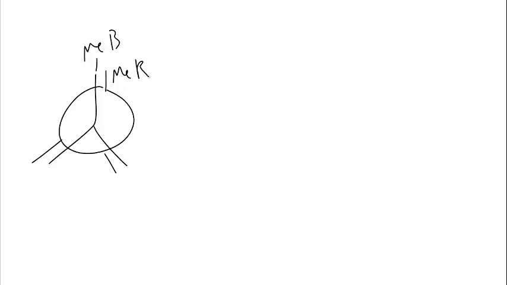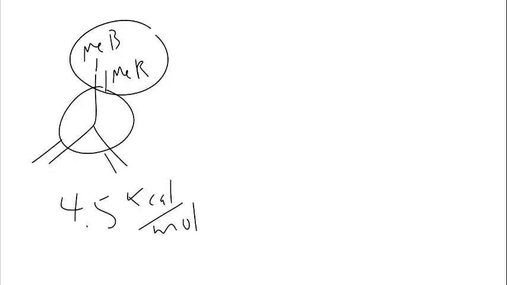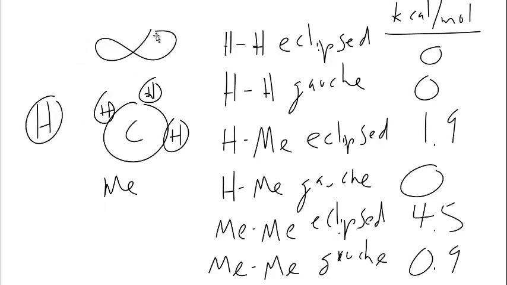If we put these two eclipsed to each other and we take a look at our energy values, we're looking very seriously at plotting this conformation at 4.5 kilocalories per mole. You have every right to ask me, how did you know that that was true? This interaction, according to our energy chart, is worth 4.5 kilocalories per mole.